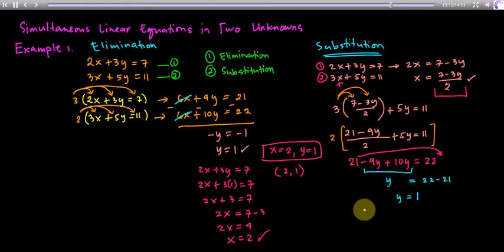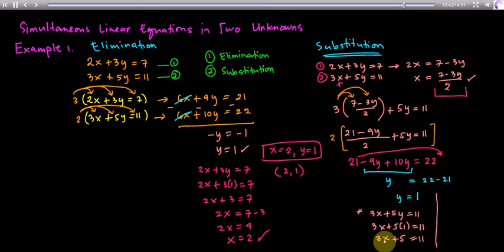Now I'm going to use the second one: 3x plus 5y equals 11. Now I know that y is equal to 1, so we're going to have 3x plus 5 times 1 equal to 11. Simplify. 3x plus 5 is equal to 11.